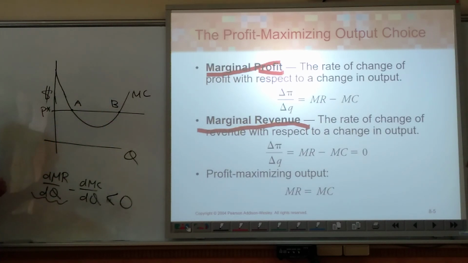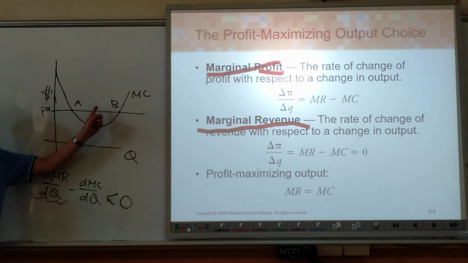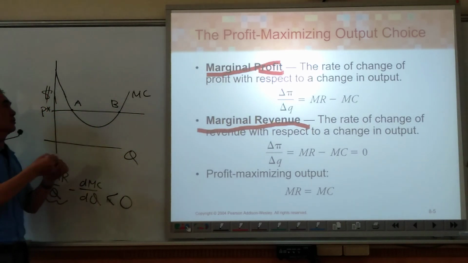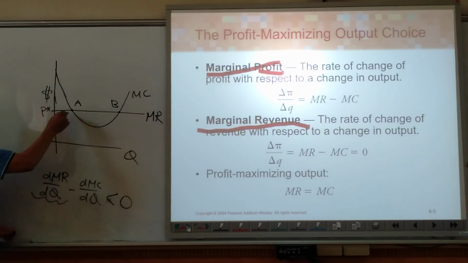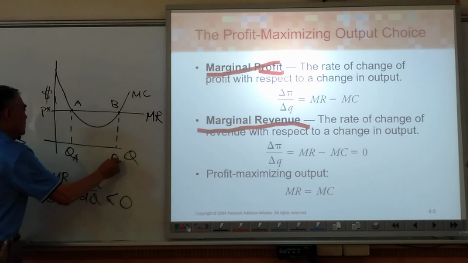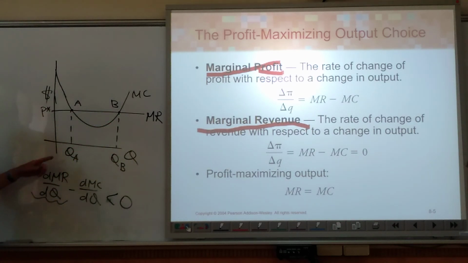Okay. So can anyone tell me? So this point A and point B both satisfy the first order condition because this is marginal cost and here is marginal revenue, right? So at this QA and this QB, at point QA, marginal revenue equals marginal cost.